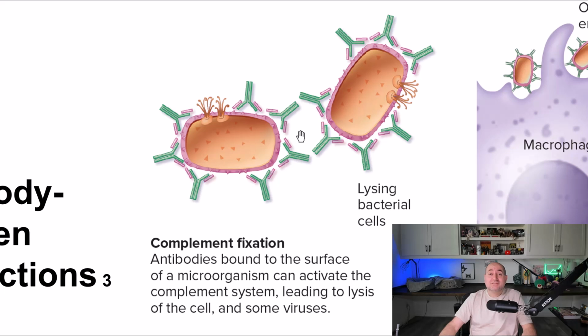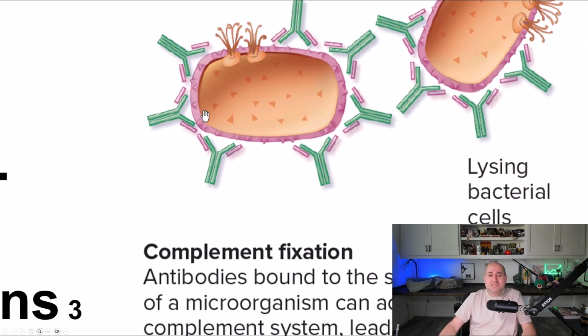Well, one of the ways that those complement proteins get activated is by noticing antibodies attached to an antigen. So if antibodies are stuck to a bacterial cell, that's going to activate those complement proteins to come help. Isn't that neat? So it has something to do with complement activation.